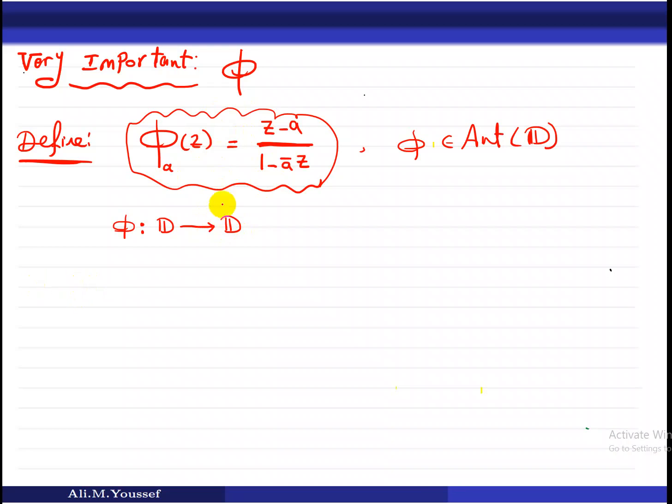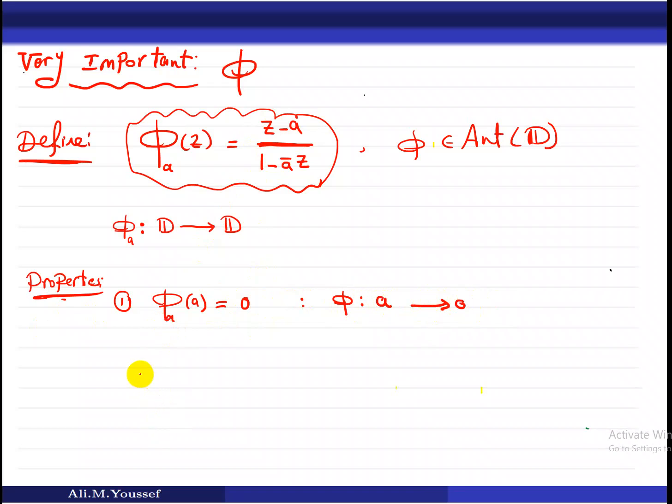What are the properties of this one? The properties are as follows. The first one: phi_a(a), if we substitute z equal to a, is equal to 0. So it's very important that phi takes a to 0.